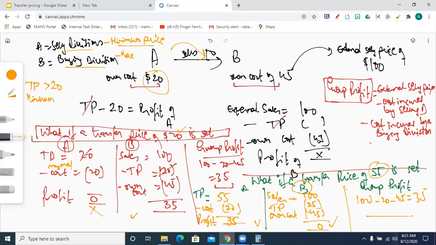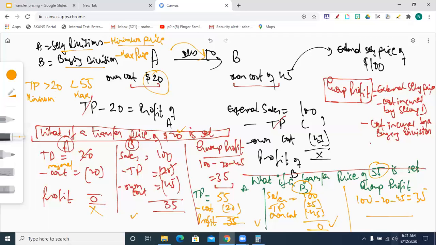If it's more than 55, he'll be at a loss. So the maximum would be less than 55, not more than 55, and the minimum would be greater than 20, because at 20 he's not at any profit.